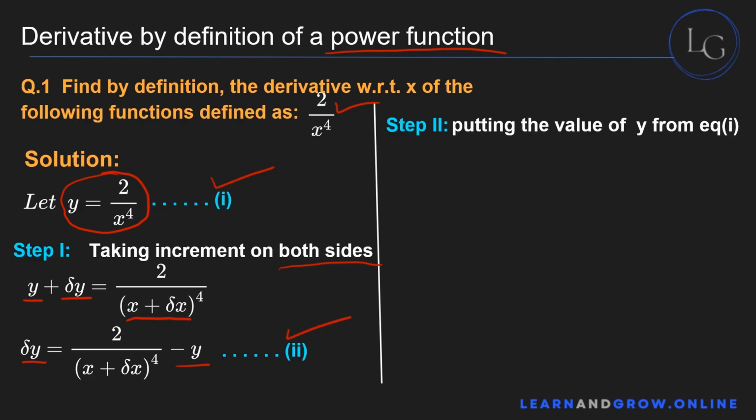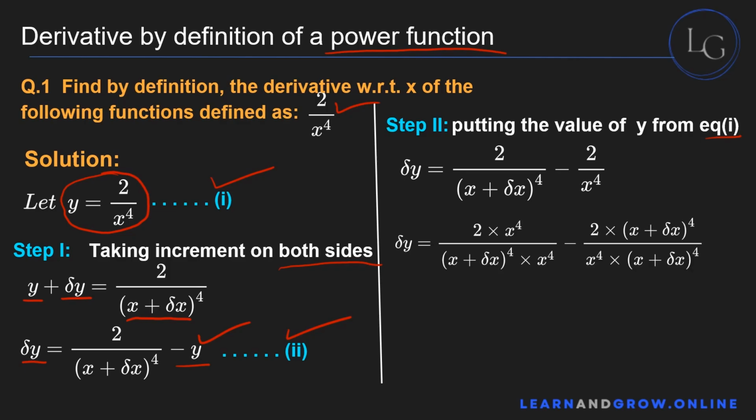And so the second step was to put the value of y from equation 1 into equation 2. So this y becomes 2 over x to the power 4, because y is equal to 2 over x to the power 4 as in equation number 1.